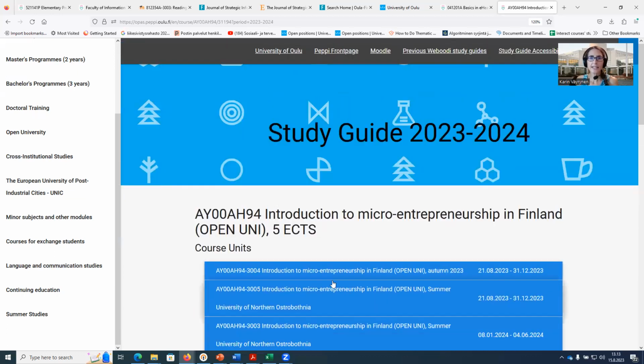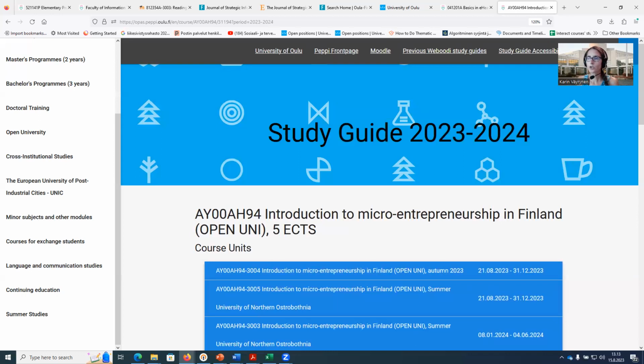Then yet another way to get optional studies into your degree is by using studies that you have completed at another university, so that you have completed earlier, either at another university or at the University of Oulu. Can be another Finnish university or University of Applied Sciences, also from abroad universities.